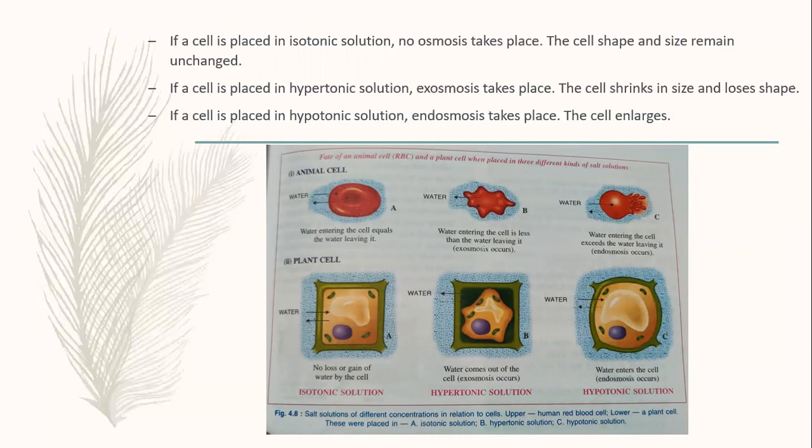For example, the animal cell, here it is taken as RBC cells. Figure A, RBC cells placed in isotonic solution. Water entering the cell is equal to the water leaving it.